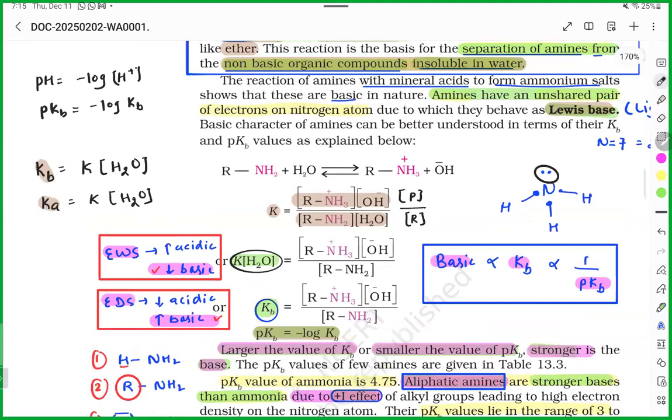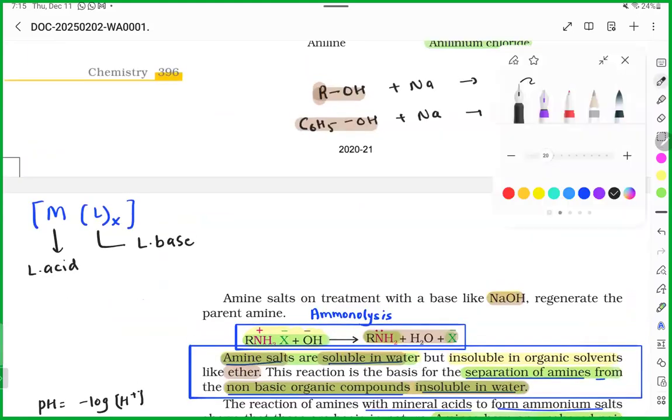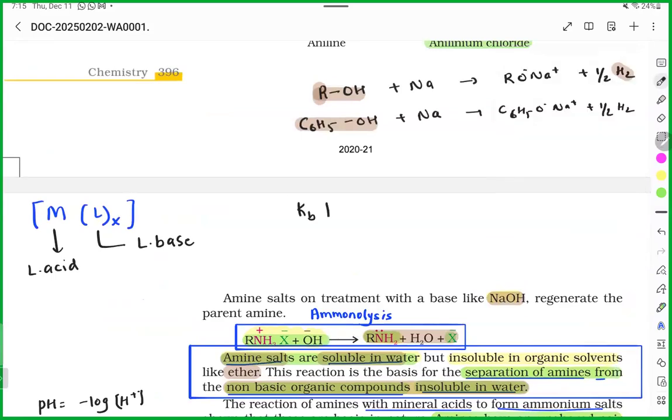So if you have a large value of Kb, then pKb will be less, and more Kb means strong base. Understood? So remember this rule. If Kb is more, then pKb will be less. And if Kb is more, it is more basic, and if it is more basic, less acidic.